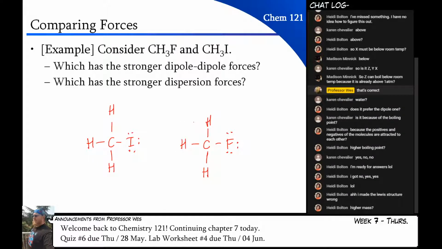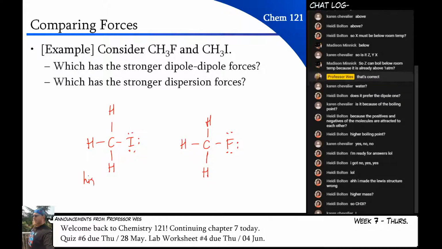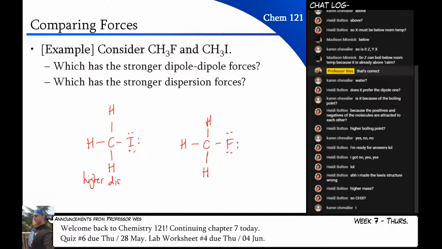There you go, a higher mass. So which molecule has the higher mass? Is it CH3F or CH3I? It's CH3I. Very good. So this is the higher dispersion.